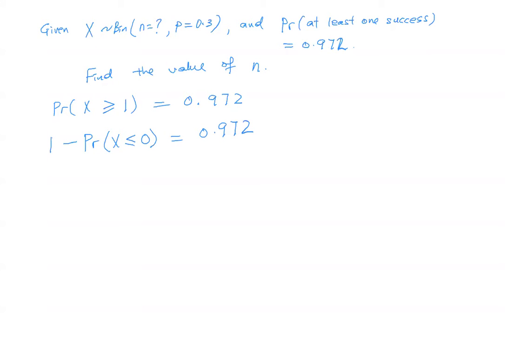Less than or equal to 0 is also just X equal to 0. So the probability of X equal to 0 will be equal to 0.028. Am I right?